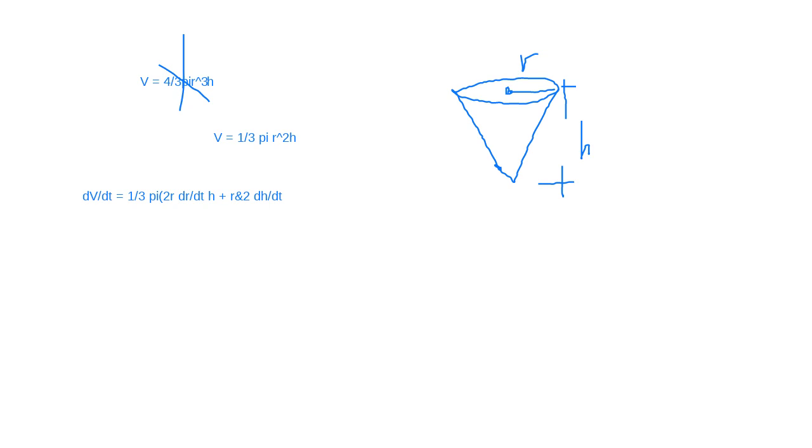Times the change in h, dh dt. Normally, I like to use the notation of v prime. So v prime equals 1/3 of pi times 2r r prime h plus r square times h prime. I like to use this notation, right?